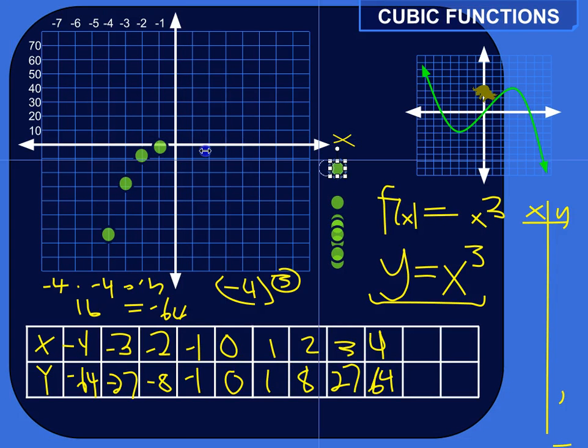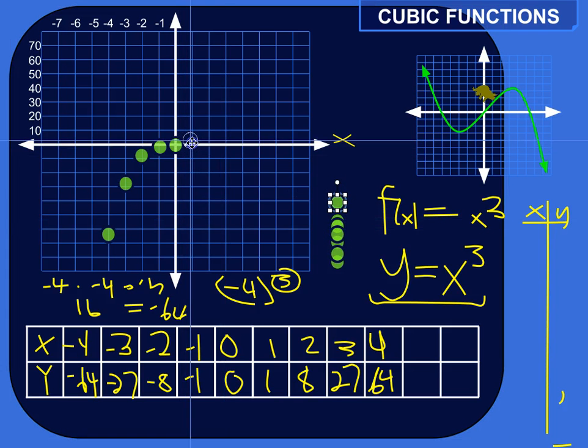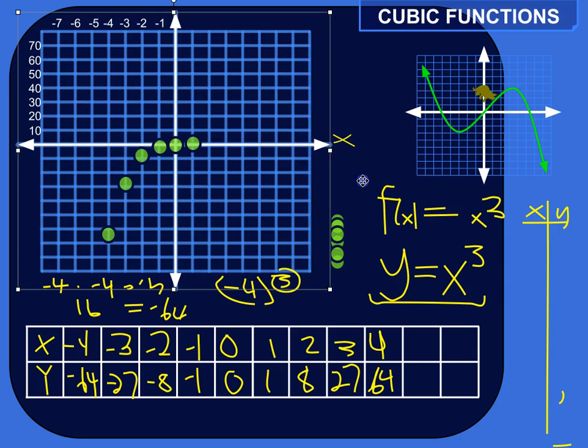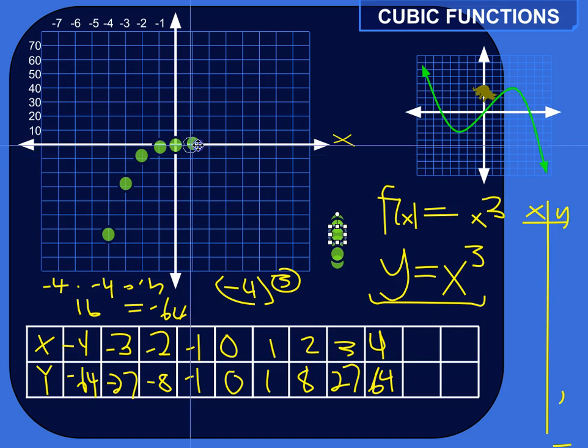0, 0. That one's nice and easy, right on the origin. 1, 1, so here's 1, and a little bit more. 2, 8, so 1, 2, and that would be 10, so not quite that far.